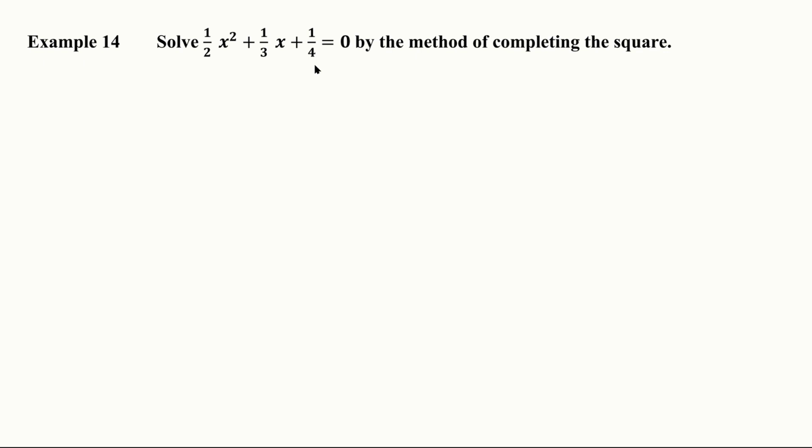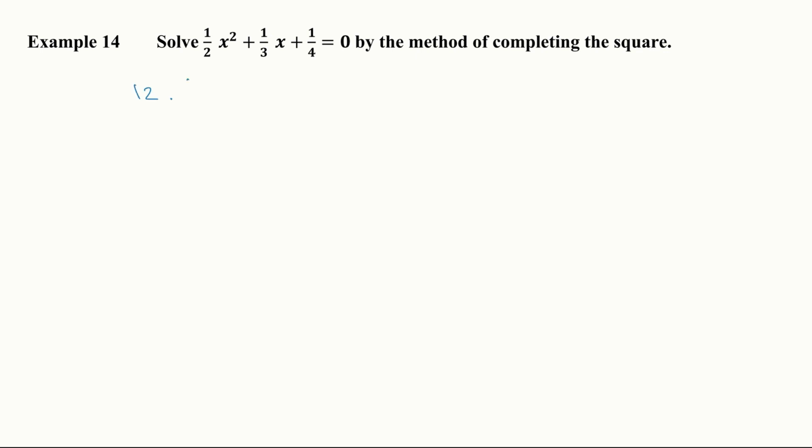So now we go ahead and multiply both sides of that equation by 12. Remember that we're going to end up distributing, right? Because there are 3 terms on this side. So when I multiply this side by 12, I have to distribute. So I get 12 times each of those terms equals 12 times 0, right?